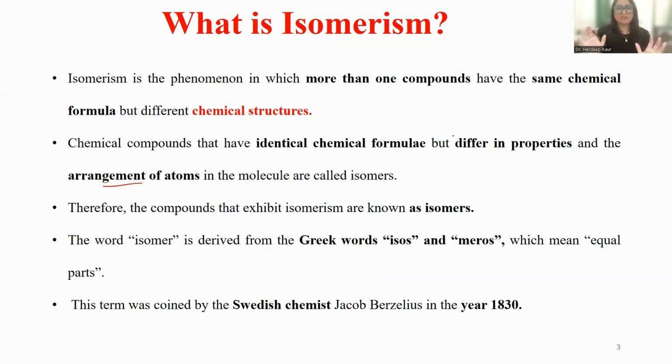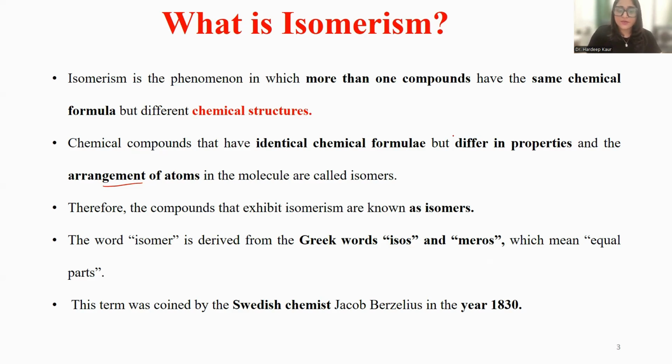They have identical formulas, but their properties will be different, and we designate them with different names. Therefore, these compounds exhibit isomerism and are known as isomers. Iso means same and mers means parts. So they have equal parts, but the arrangement is different.